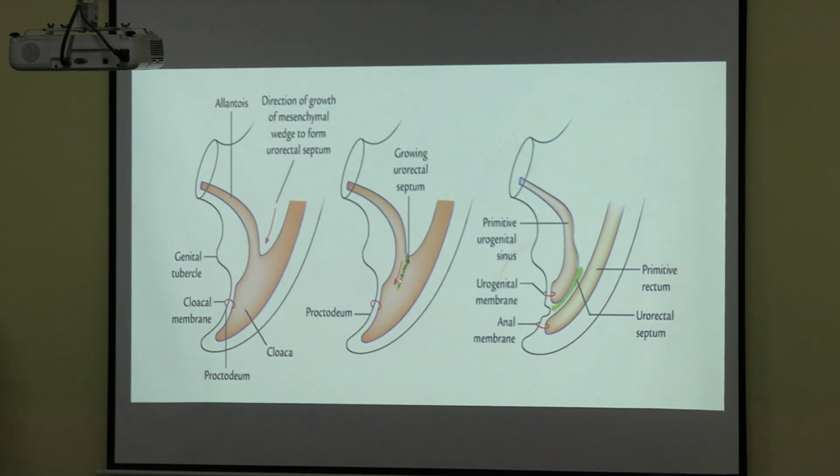This urorectal septum will grow or will develop and divide your hindgut part into two regions. From the ventral part, which is above your urorectal septum, the primitive urogenital sinus will develop, and from the posterior part, the primitive rectum part will develop.